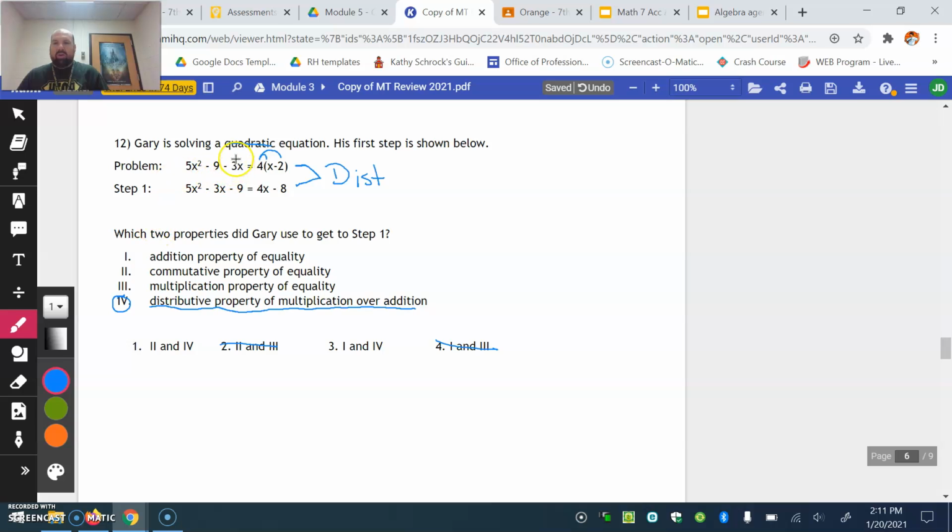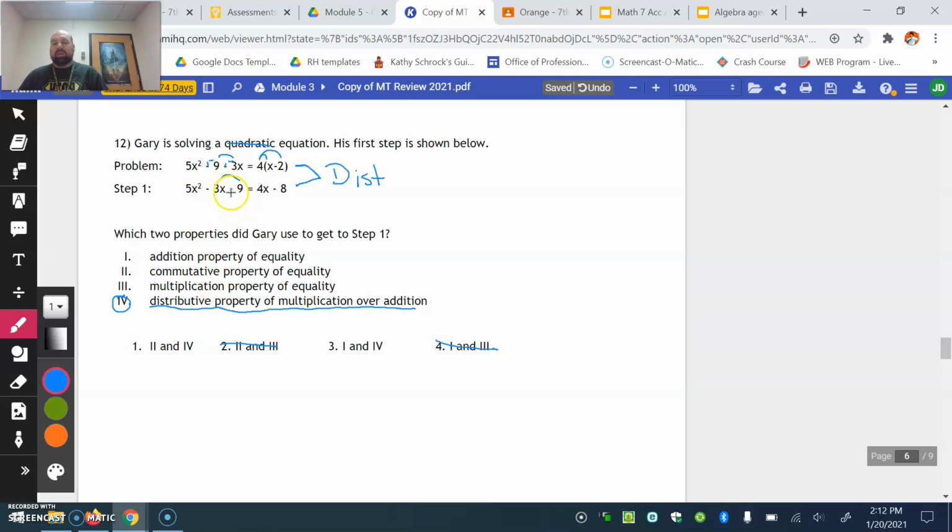I'm looking to see, oh, it looks like these two terms got switched. Now, they are subtraction. But remember what I just said. If I'm going to switch some terms around, I can do that if it's adding. So if I turn them into adding a negative, I can switch them around and then turn them back into subtraction, and it's okay. I know you might be saying, wait a second, that's not okay, it's subtraction.